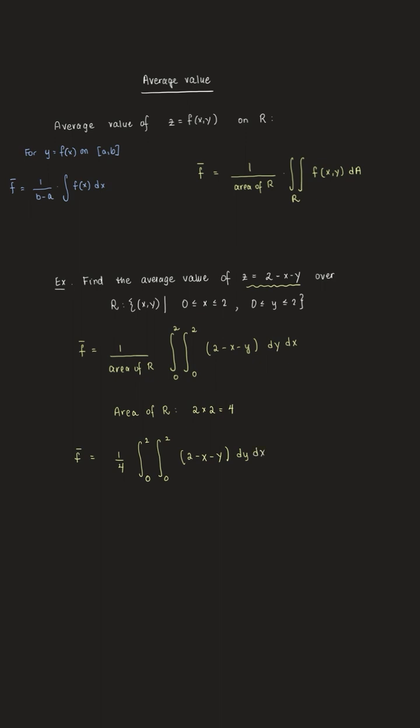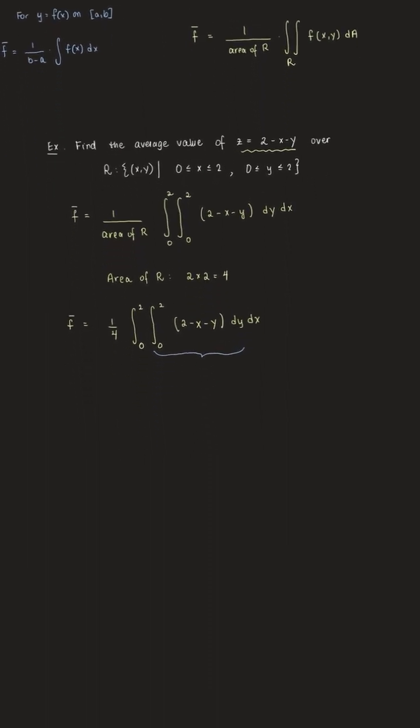And so let's start by doing that first integral with respect to y, which means we're going to be holding x constant and integrating with respect to y. So this is going to give us 1/4 the outer integral from 0 to 2, and the antiderivative with respect to y, we're going to get 2y minus xy minus y squared over 2.